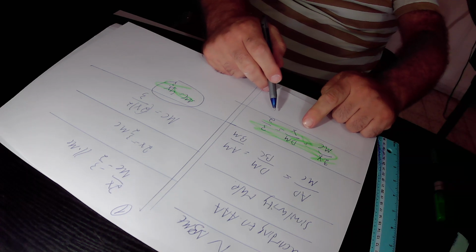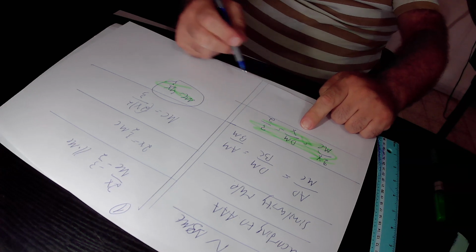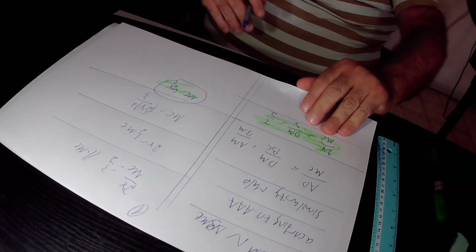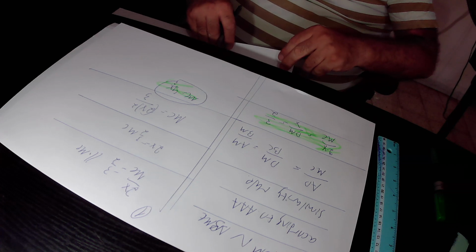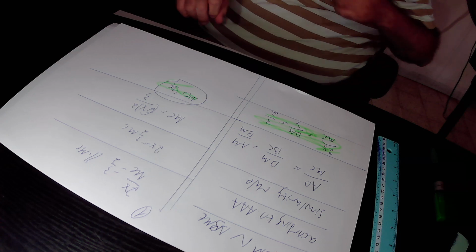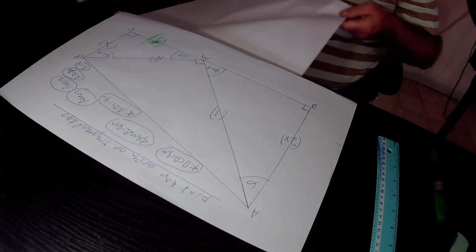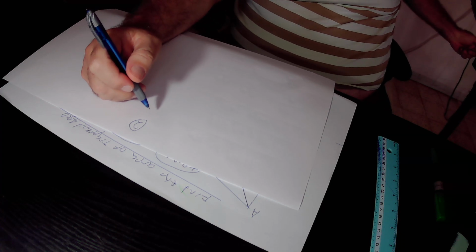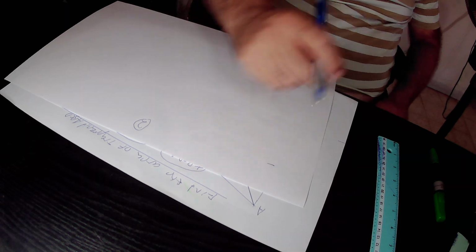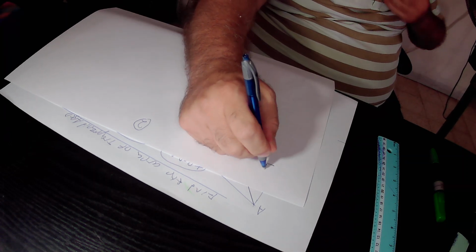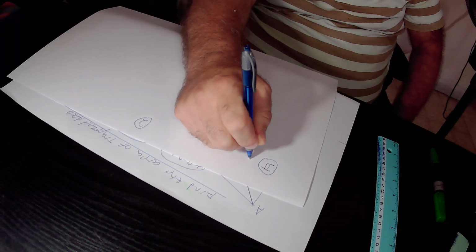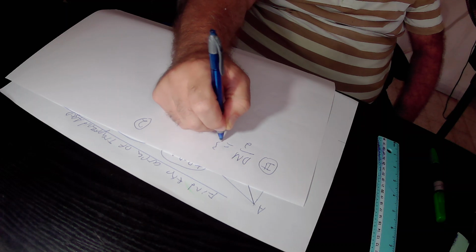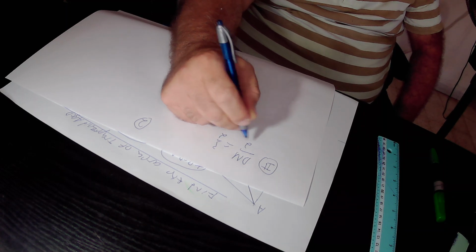According to equation 2, DM over x equals 3 halves.